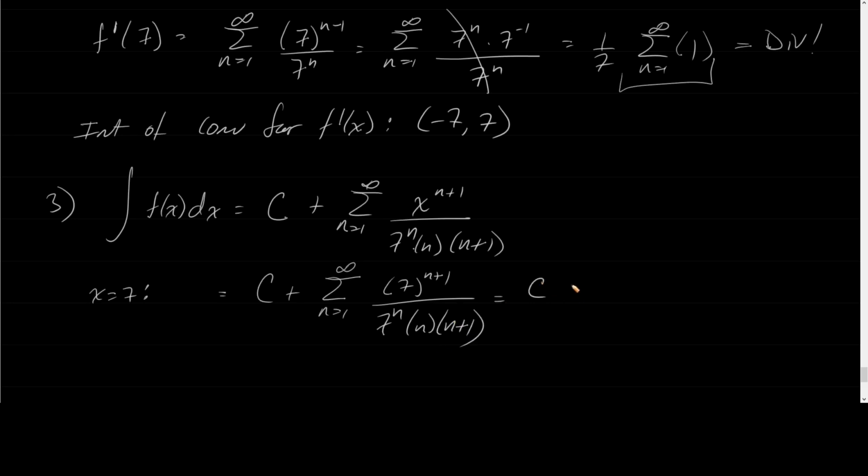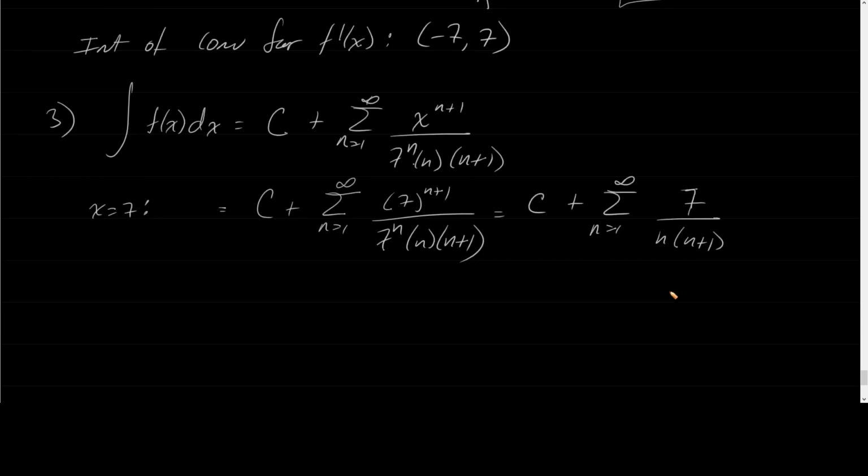This is going to give us c plus the series from n equals 1 to infinity. 7 to the n plus 1 over 7 to the n is just 7. On the bottom, I have n times n plus 1. And what is that going to do? That is going to converge. I will tell you that right now. How do I know that it converges?